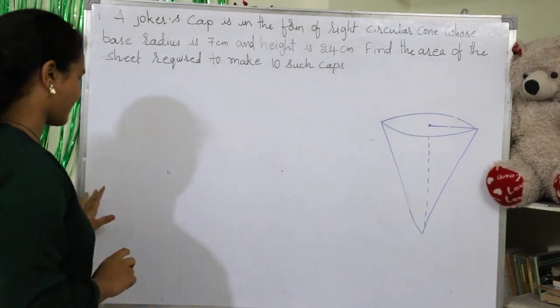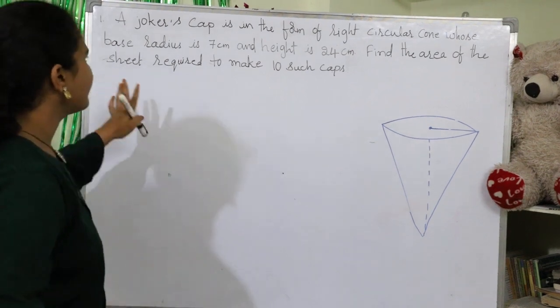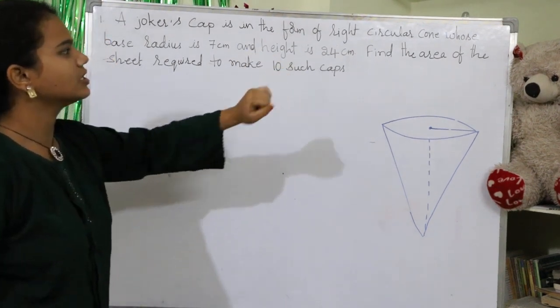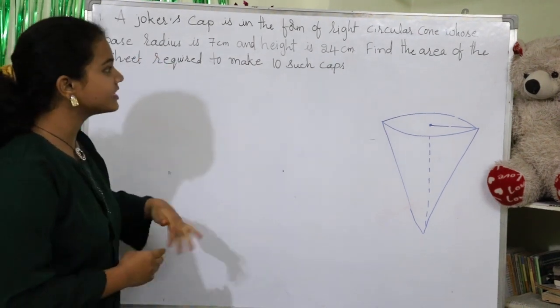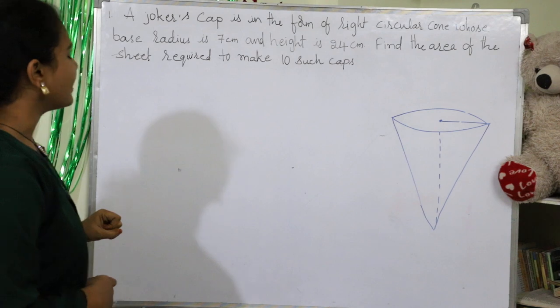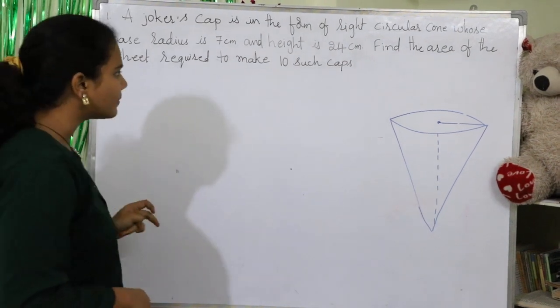The first question here: A joker's cap is in the form of a right circular cone whose base radius is 7 centimeters and height is 24 centimeters. Find the area of sheet required to make 10 such caps.